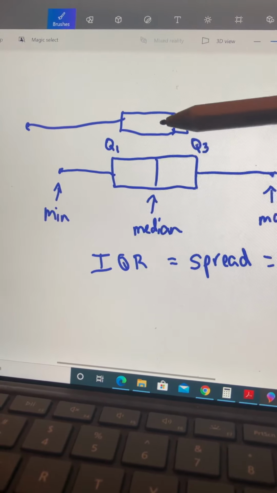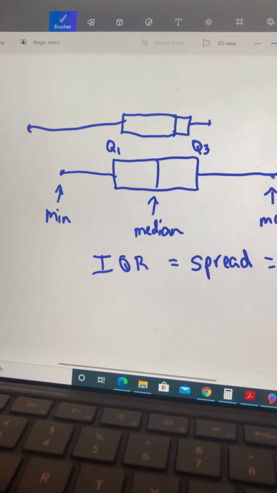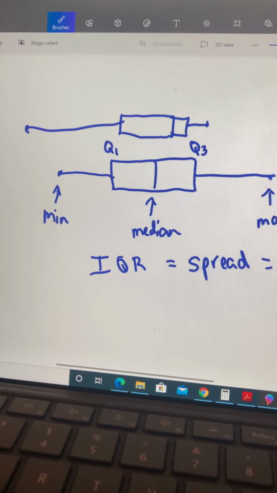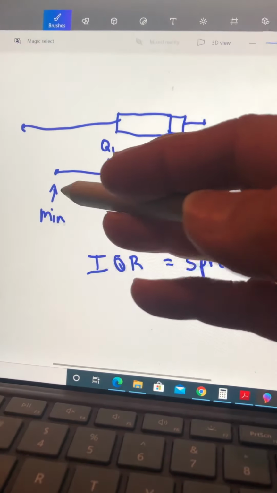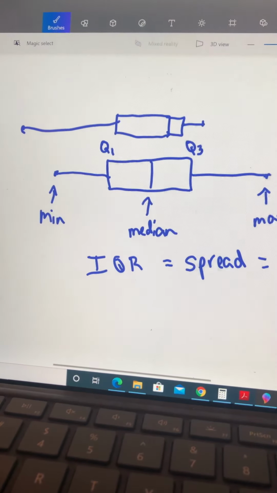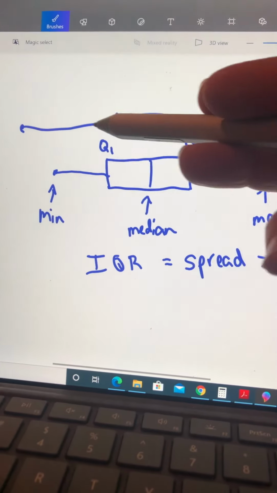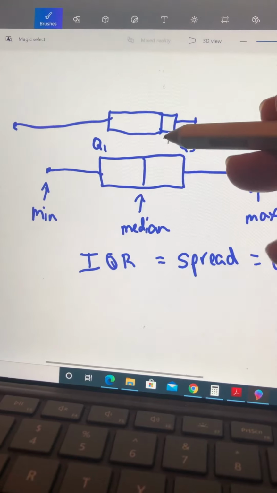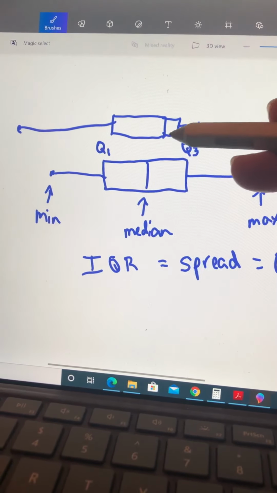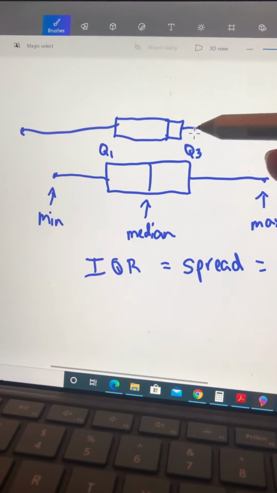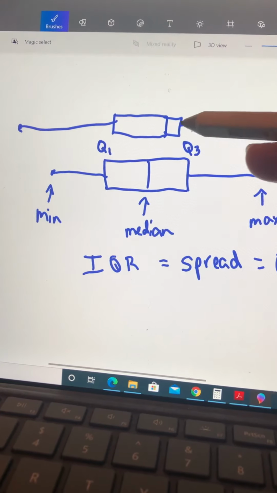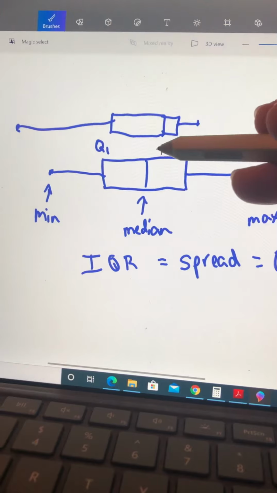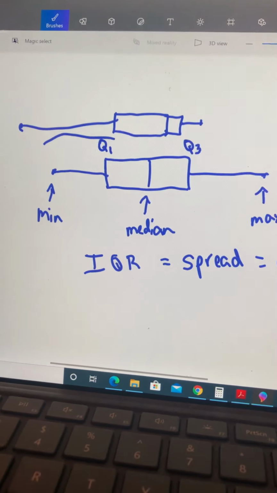They're almost the same except for this one has a slightly smaller spread. The one that has greater variability would be the one that is more widely spread apart, or perhaps has the longer whiskers like this one. But you'll notice this top half of the data is very compact. So this top half of the data has very little variability, whereas the bottom half has quite a bit more.